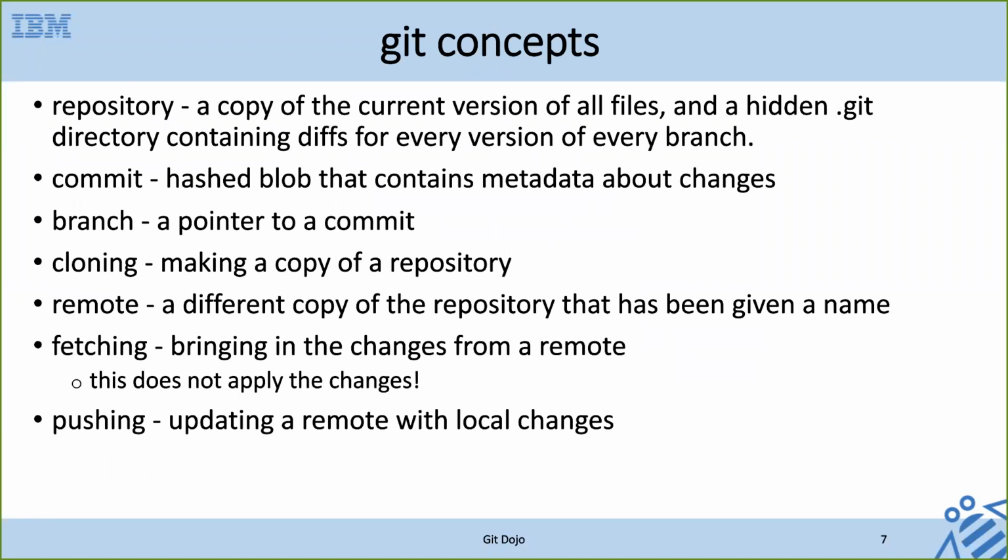So, just some quick terms. I'm going to say these things over and over again, and I just want to make sure we're all specific about what we mean when we say them. The repository is all the files that are being managed, and not just the files, but the history for all of the files, which is tracked in a hidden .git directory. When I say local repository, that's that on your computer.